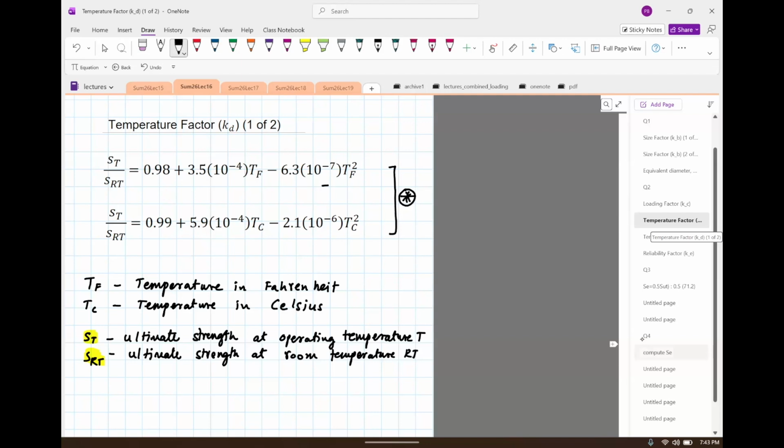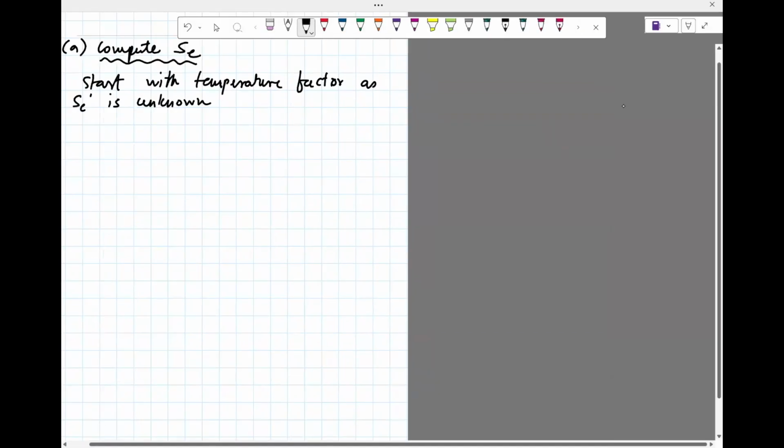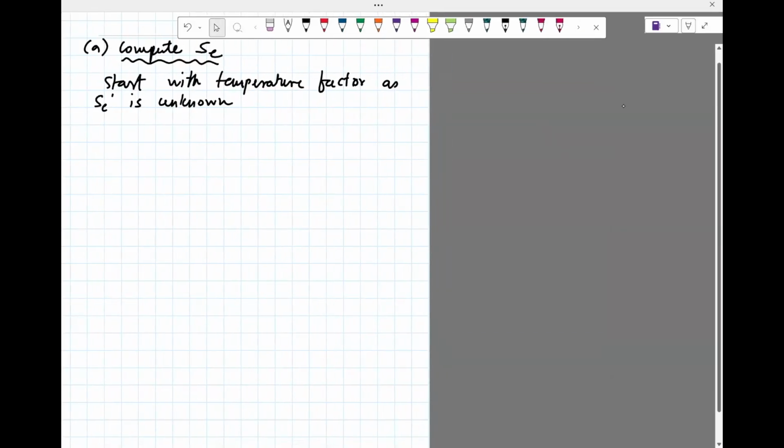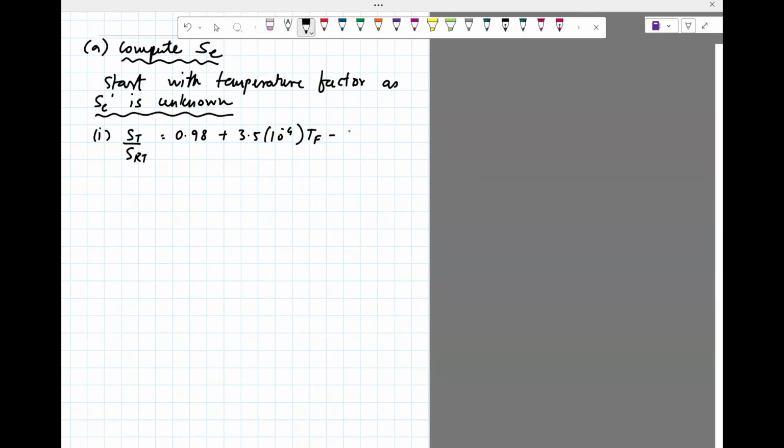So let's do that. Se prime is unknown. So the first step is ST divided by SRT is 0.98 plus 3.5 times 10 raised to negative 4 TF minus 6.3 times 10 raised to negative 7 TF square.